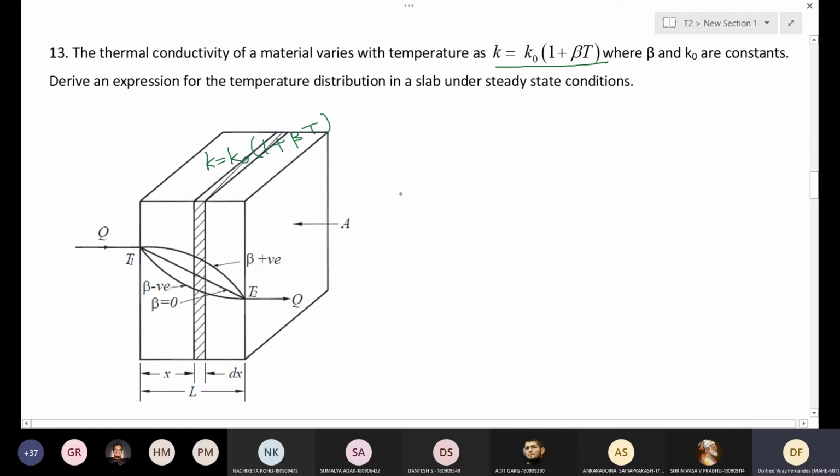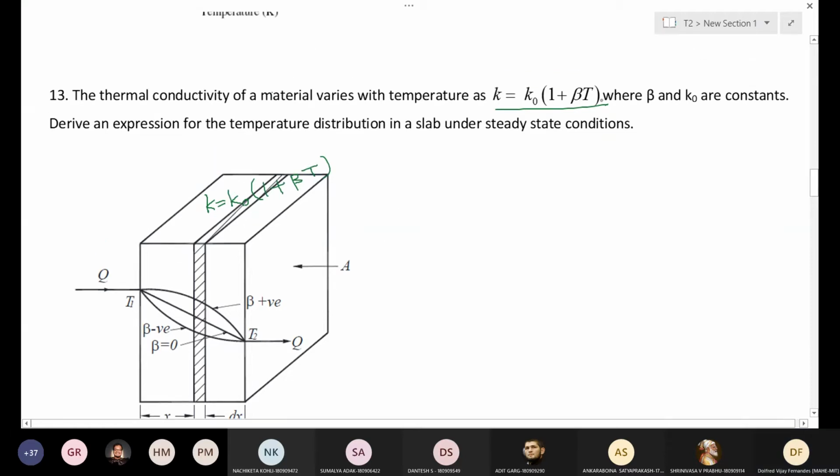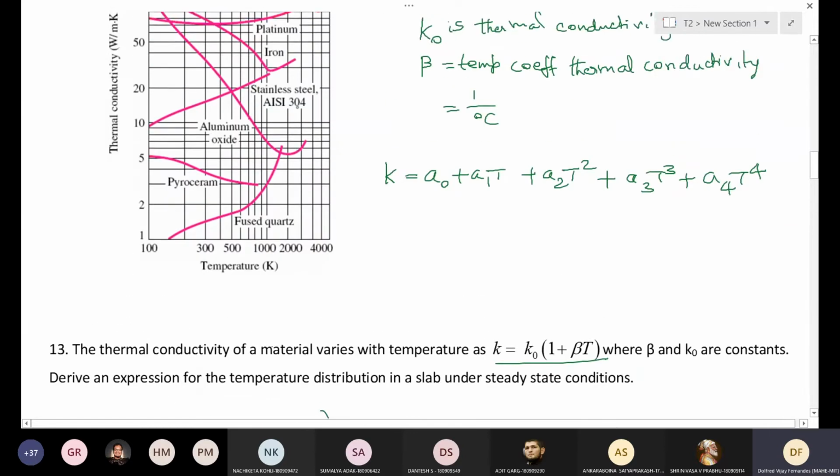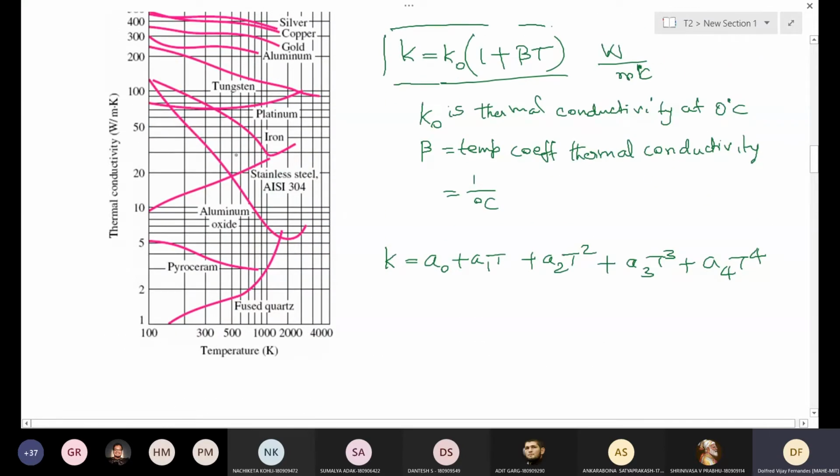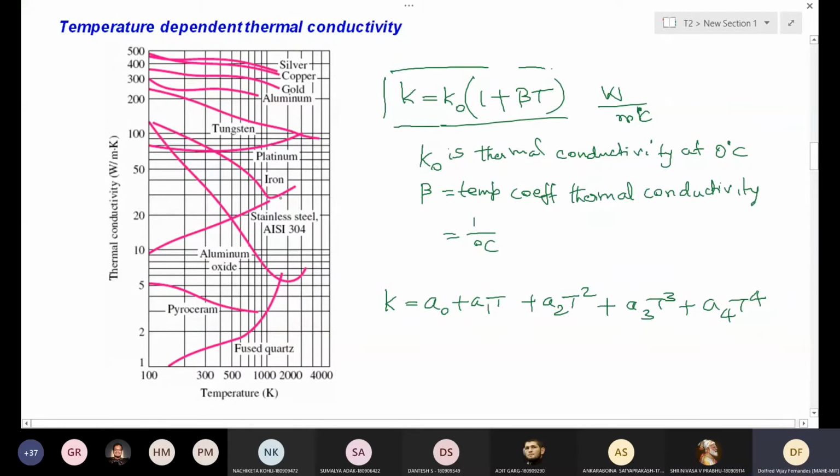One more important thing is you have to observe that some materials show an increase in thermal conductivity with temperature. Look at the graph, can you identify some materials which show that increase?